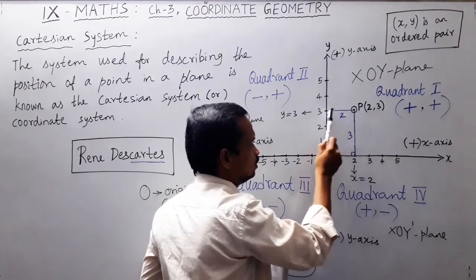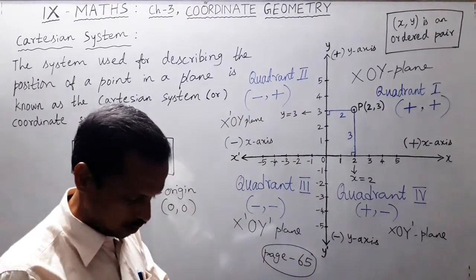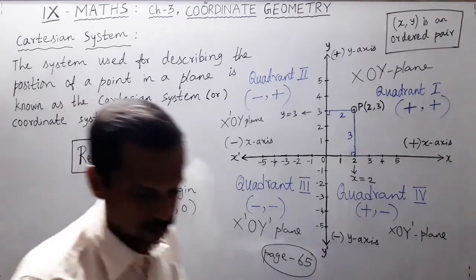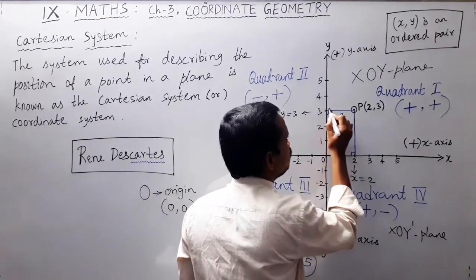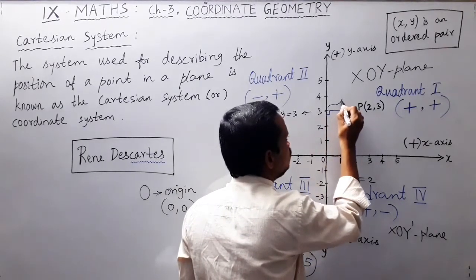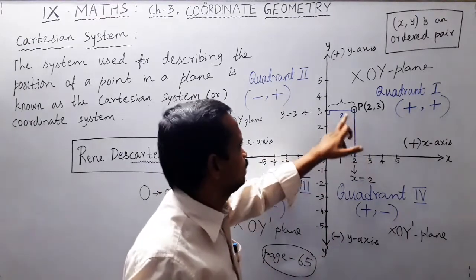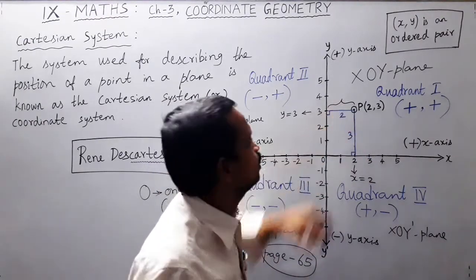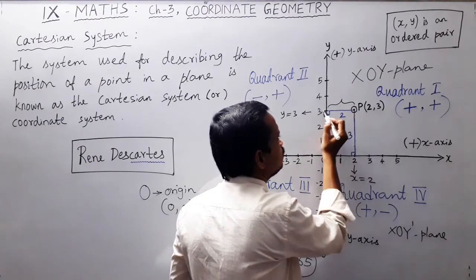So this distance is called nothing but what? X-coordinate. You don't need to draw this, I am drawing this bracket just for explanation purposes.